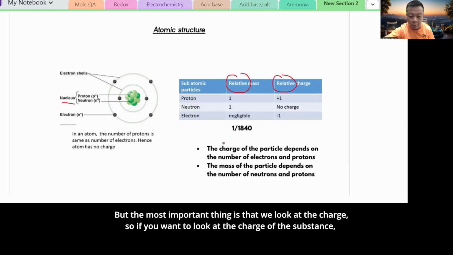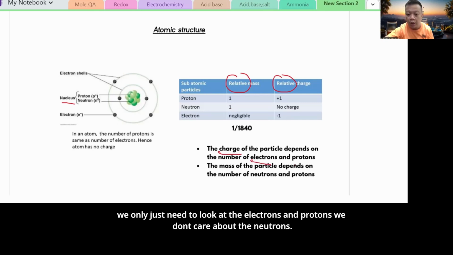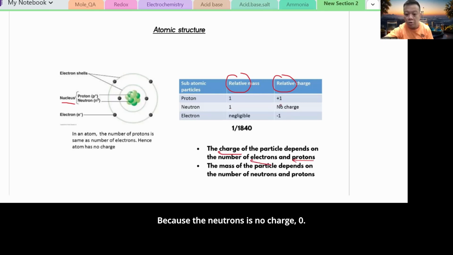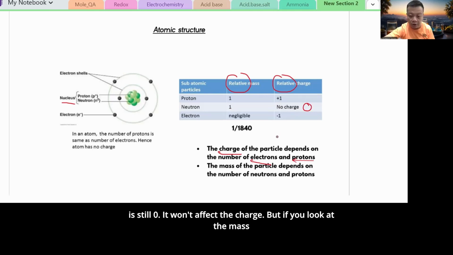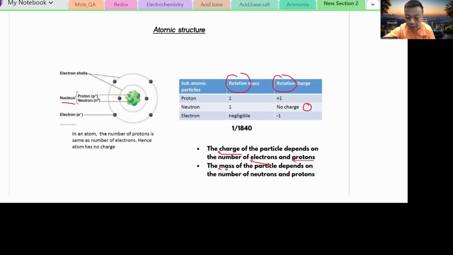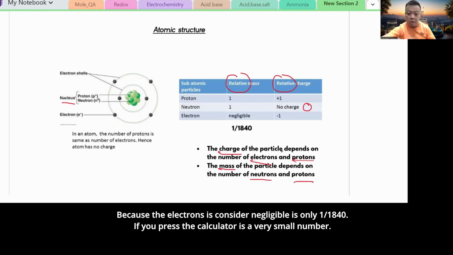But the most important thing is the charge. If we want to look at the charge of a substance, we only look at electrons and protons. We don't care about the neutrons, because the neutron has no charge, zero. So even if you have 1 million neutrons, you multiply by zero, it's still zero. It won't affect the charge. But if you look at the mass, then we look at the neutrons and the protons, because the electron is considered negligible.